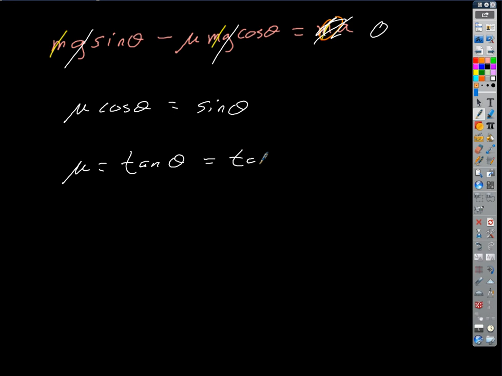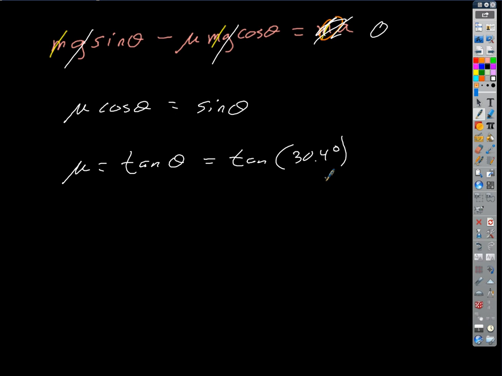So tangent 30.4 degrees, right? What is that? Well, it's going to be about what? It's about 1 over square root of 3, but not quite. Sine, that's 1/2 divided by the square root of 3 over 2, so about 1 over square root of 3.